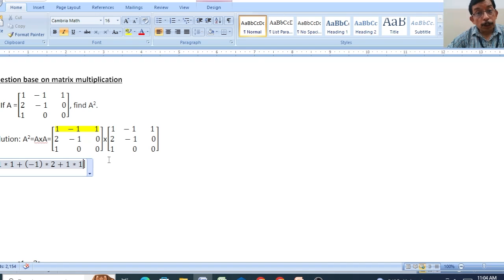Now we take the first row multiplied by the second column, and we get the first row, second element. Row is first, column is second.